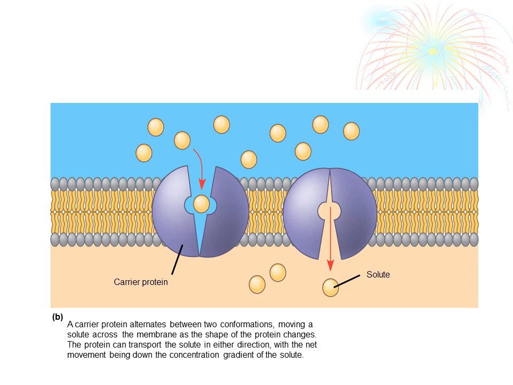So, for example, if we had solutes outside of our cell that were shaped like a square, that carrier protein would not be able to collect those as easily as it does these circle solutes. So it's able to collect very specific solutes and then change shape slightly so that it can spit it out inside the cell.